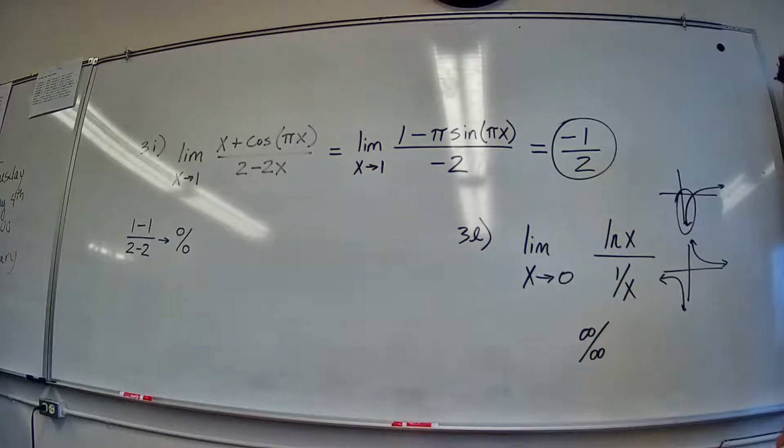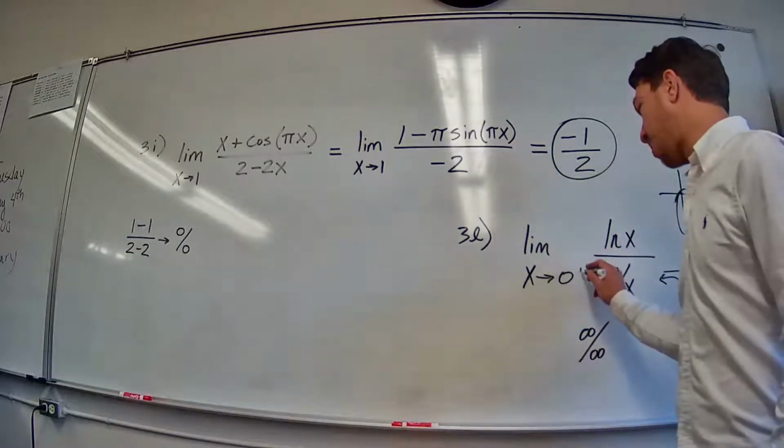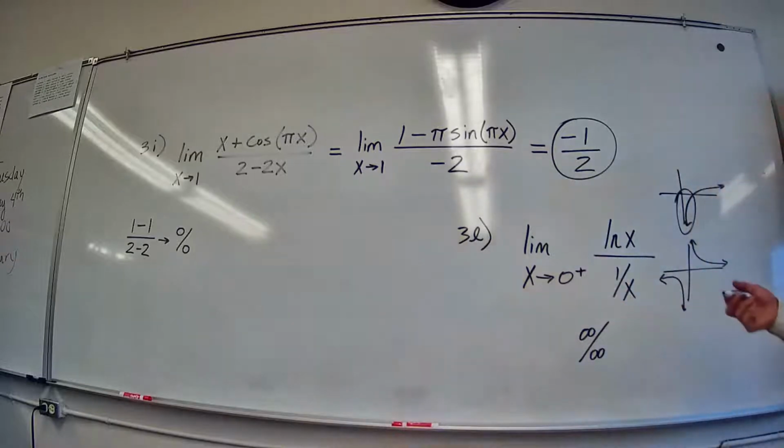Now that I'm looking at it, technically this is what I should be asking, because this function doesn't even have a domain over here, so you can't really approach from the left.